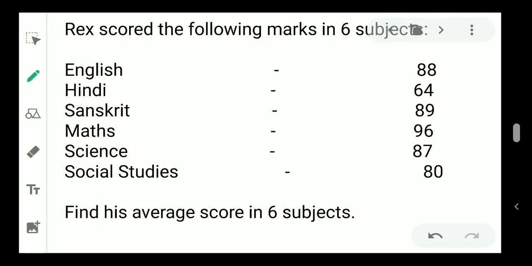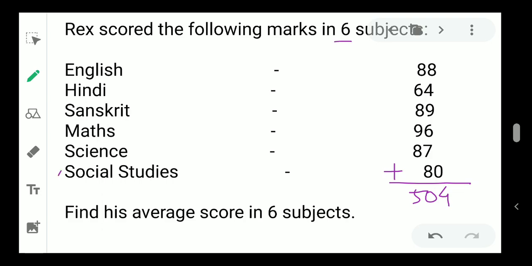Come to this question. Rex scored the following marks in 6 subjects. Find his average score in 6 subjects. Again, very easy. What do you have to find out? The total first. If you find out the total, actually the questions of average and these things are very easy. Okay, so don't be afraid. These are very scoring and very easy. So the total is 504, and there are how many subjects? 6 subjects.